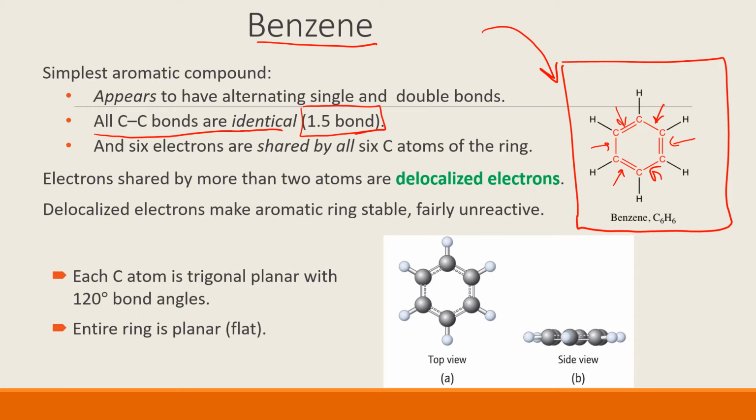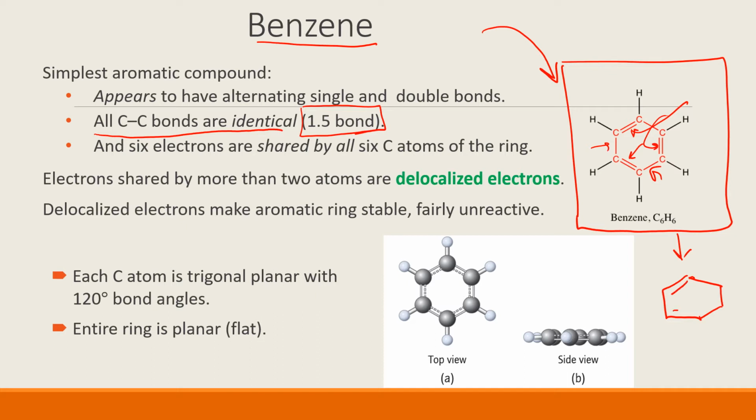So it turns out that the electrons in these three double bonds are shared by all 6 carbon atoms. The line structure of benzene is shown here.